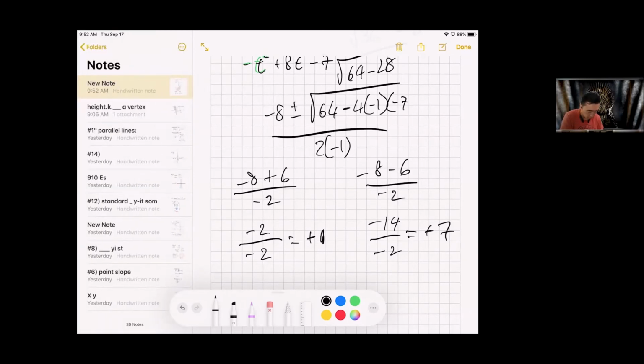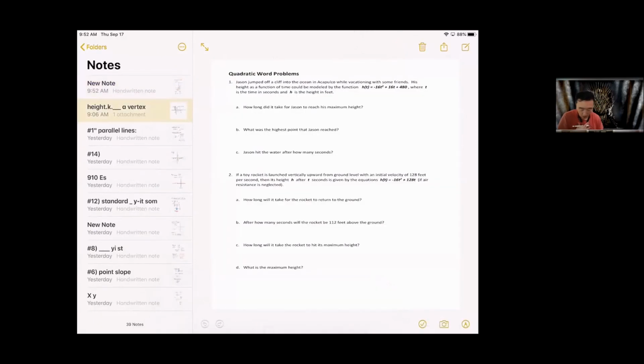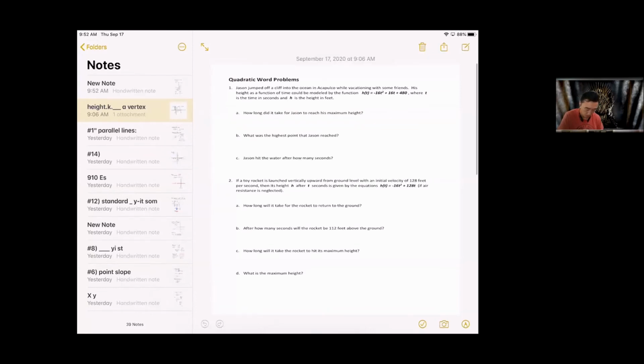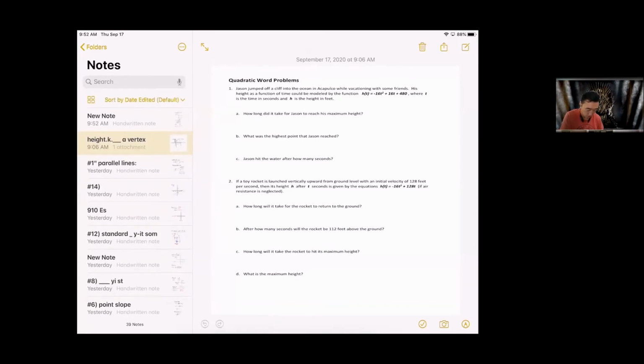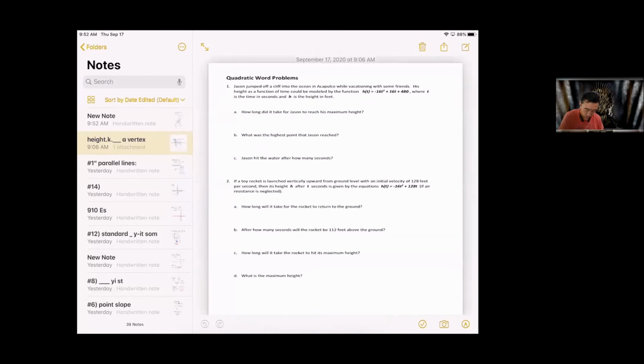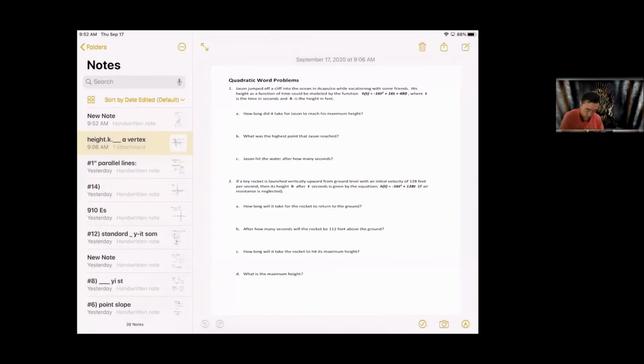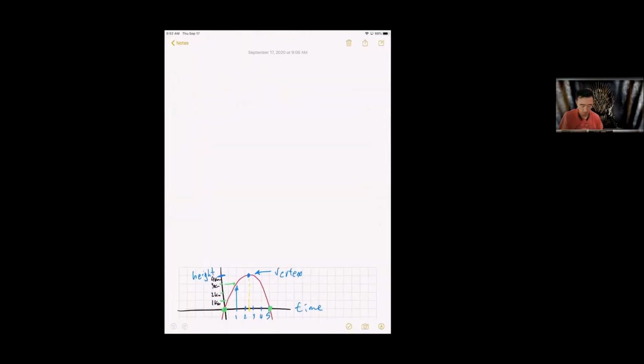Oh, snap. What happened? Okay, there we go. I thought I lost it. Oh, I did lose it. Shoot, I did lose it. How do I get it back? Go to delete or something.